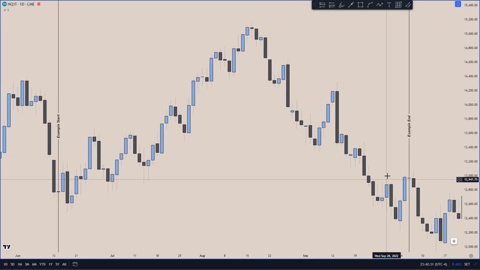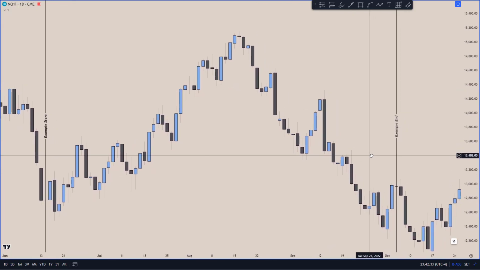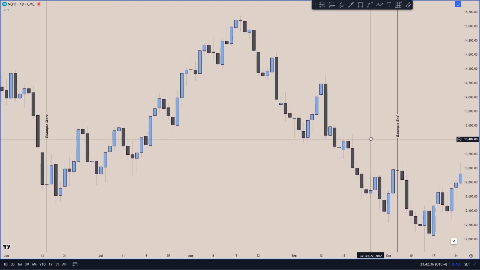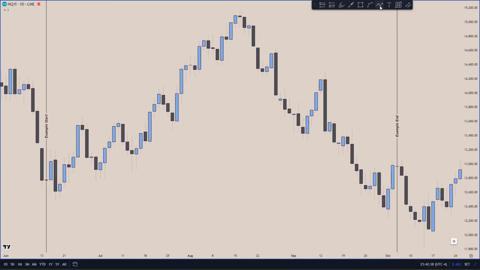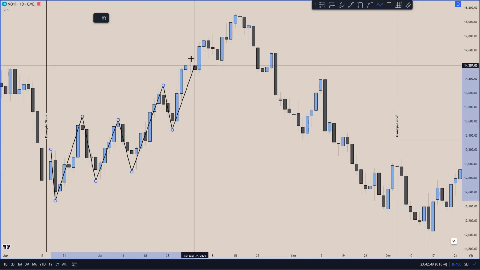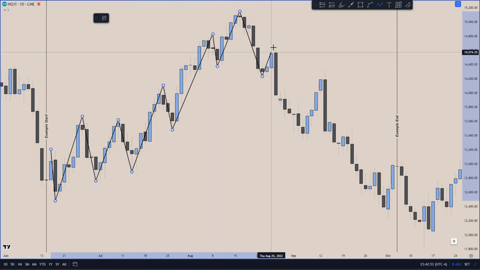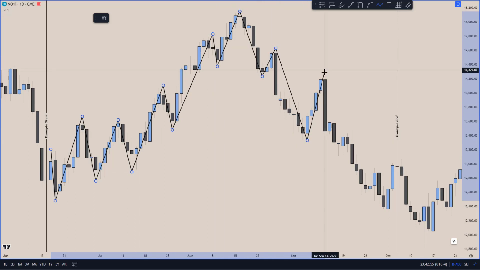And if you struggle to see this pattern with candlesticks, a great trick that I love to do when I first started out is by using the path tool. I'll just click on all the points that are most obvious swing points to me.